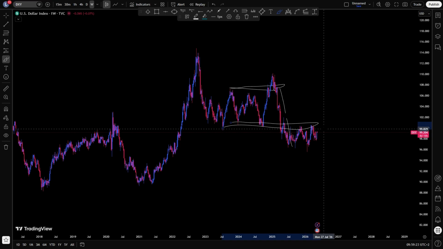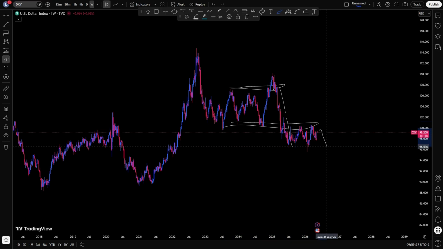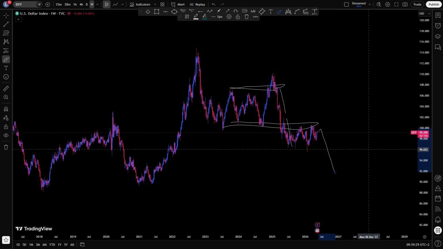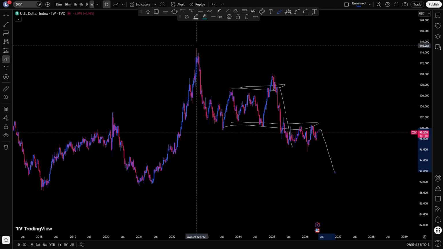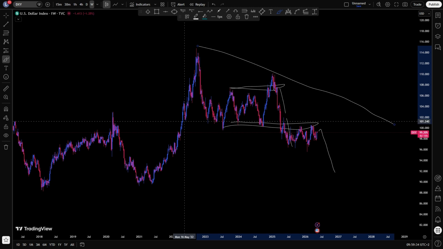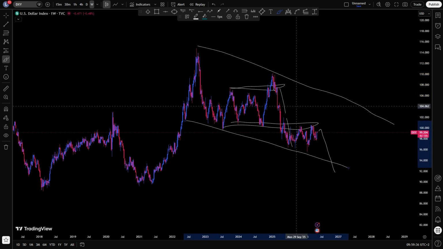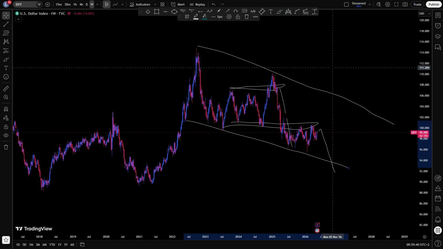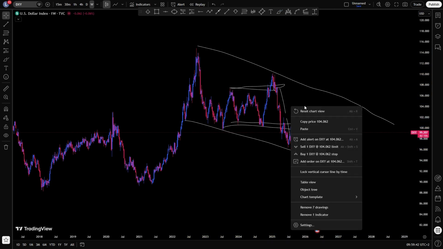The market's going to give us some reactions, but maybe it will come here and then just drop to the downside. That's how I see it. The pattern is starting to be a downward pattern, a downward trend. That's what I'm seeing.